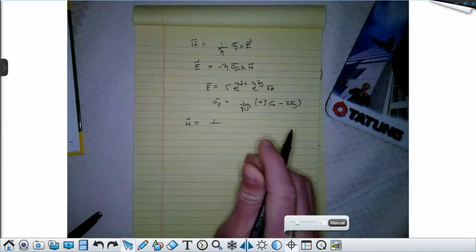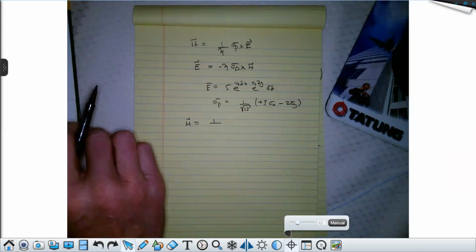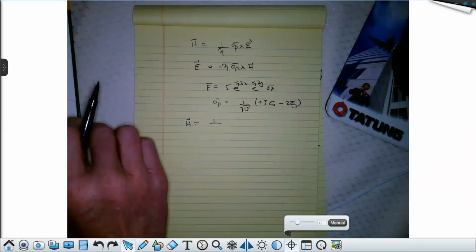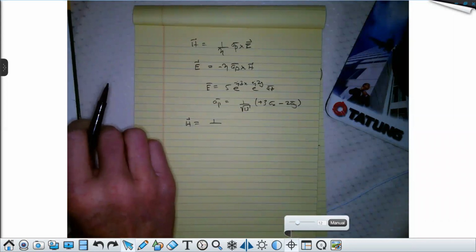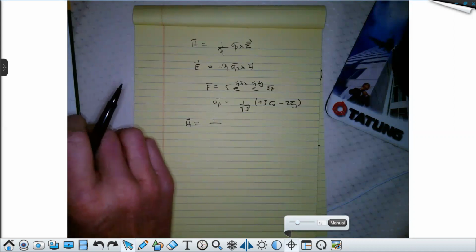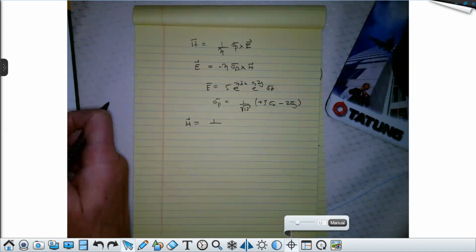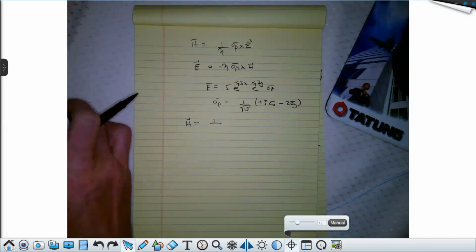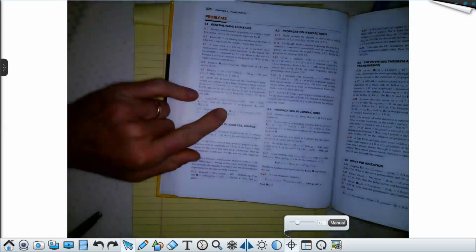Does it say this is in what media? It doesn't really specify, but in my solutions, it says we assume it's non-magnetic.